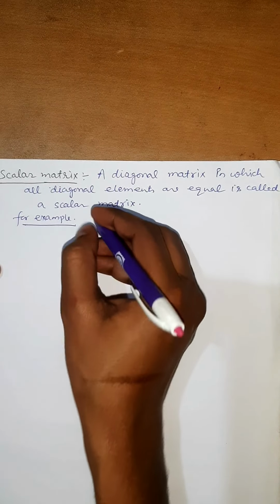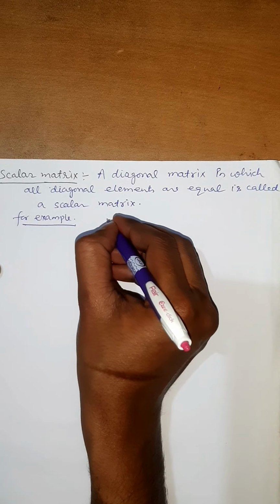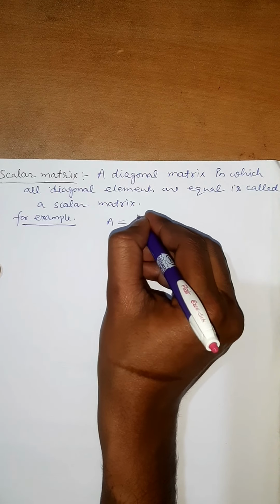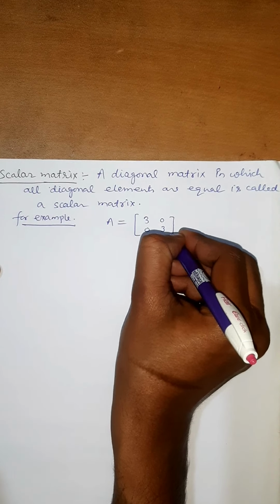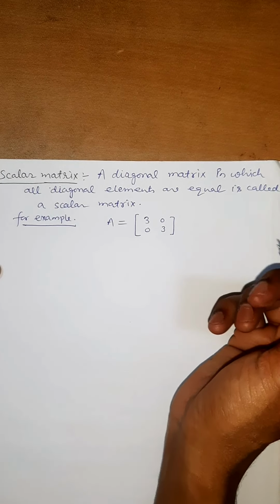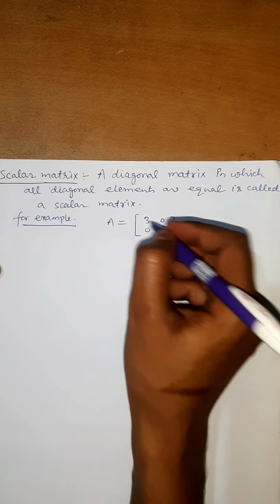For example, a matrix A of type 3, 0, 0, 3.